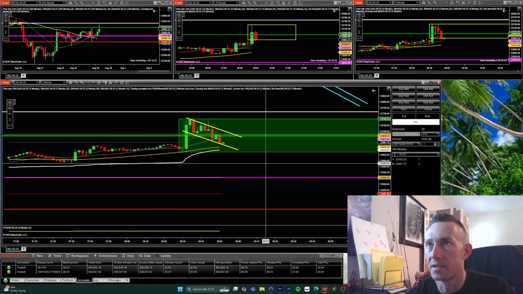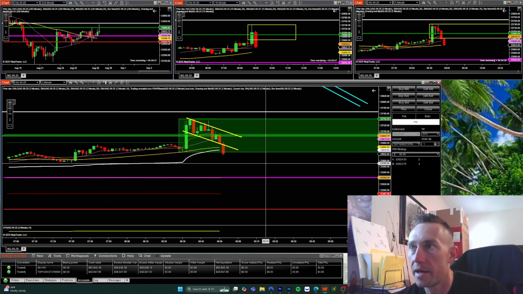On the reversals, as long as the 4-hour, 15, and 5-minute, as long as those time frames look a certain way to where you know you're losing the momentum, and that push, that momentum has died down, and it's basically just ran out of fuel for that move, then you can be confident in a reversal trade and know that you can at least get 10 points, maybe 20 points real quick on that first initial pullback. So that's where I found my edge. So that's what I stick with.